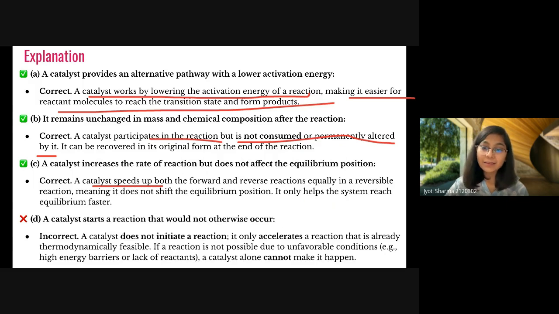It only accelerates a reaction that is already thermodynamically feasible or compatible. If the reaction is not possible due to unfavorable conditions, because of a high energy barrier or lack of reactivity, a catalyst cannot alone make this happen. So that's why D will be the right answer, because this is the incorrect statement.